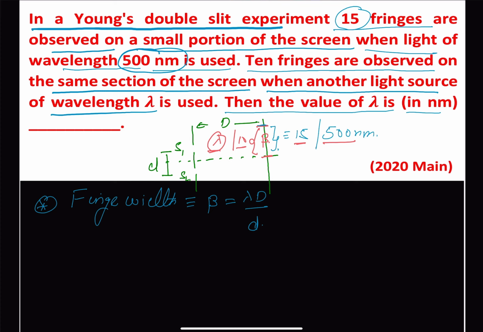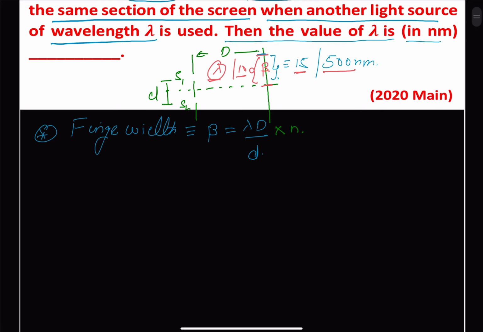And each region has n number of fringes, so let us multiply by the number of fringes, n. So we can write this equation in two parts.